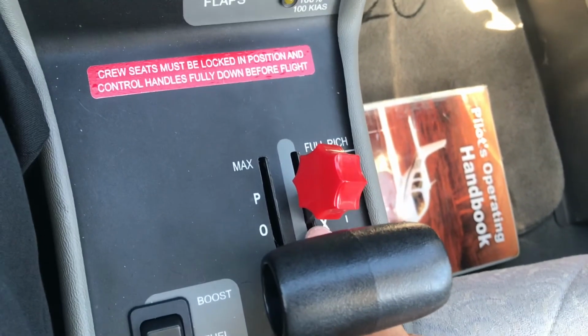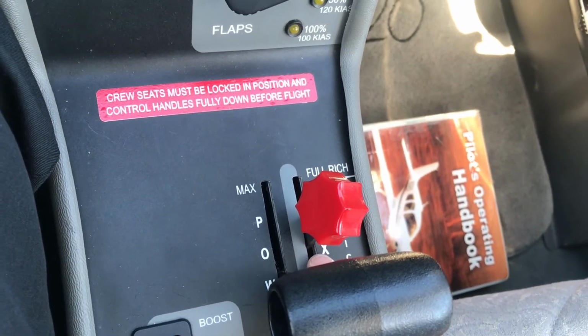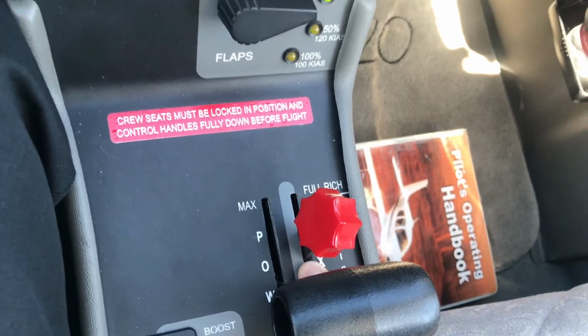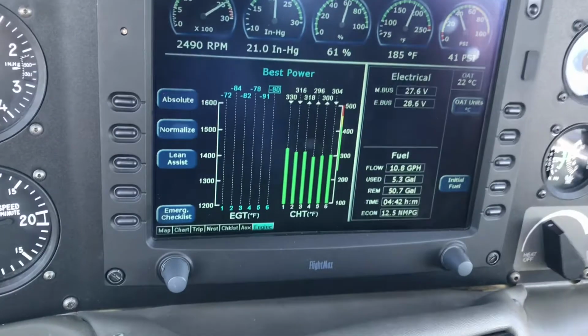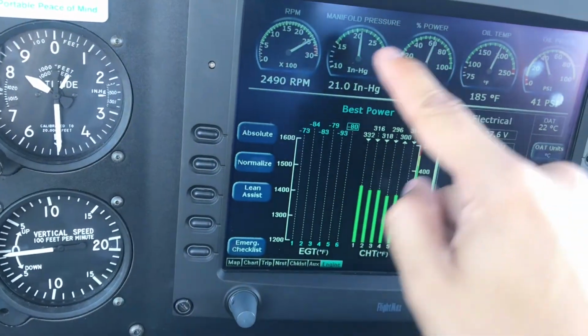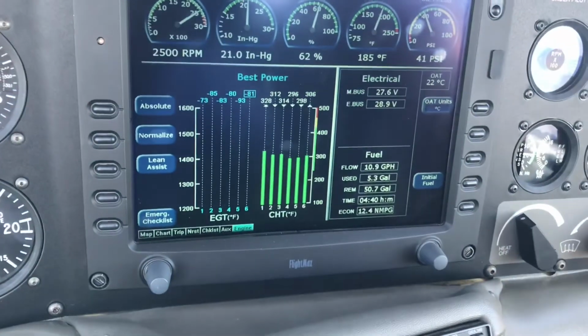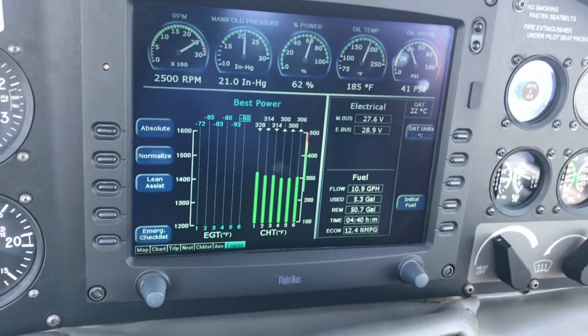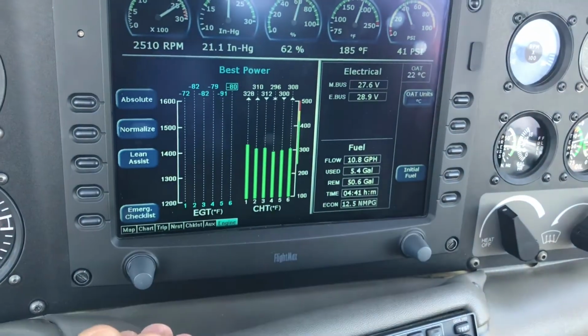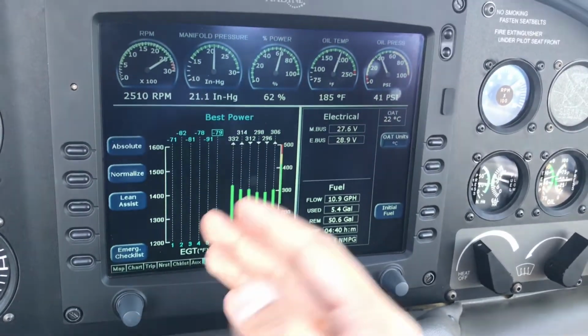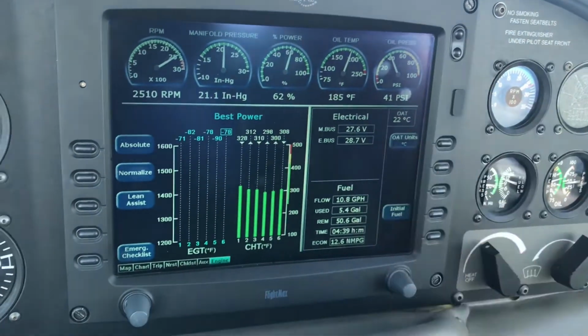So I'll use the X. So the middle of the X is going to be almost, and I'm pretty much sure that all the time, the best power setting. Okay, but remember, just double check and use your lean assist function to get the best power from your engine.